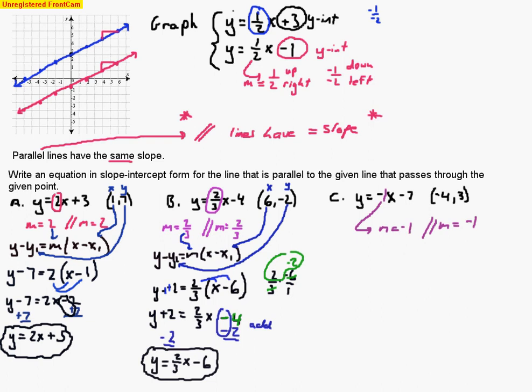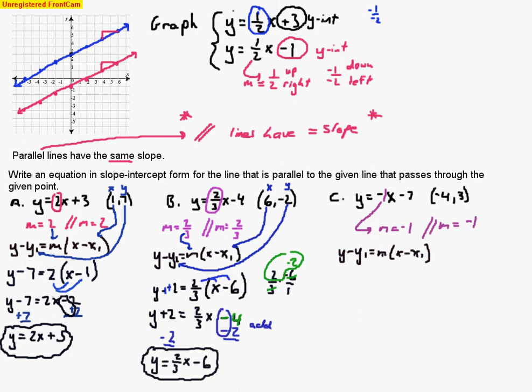And so we take that parallel slope, and we take the point that's given to us, and we're just going to substitute into that point slope form. Just the y minus y1 equals the m times x minus x1.